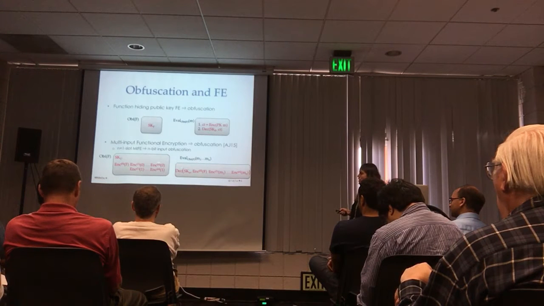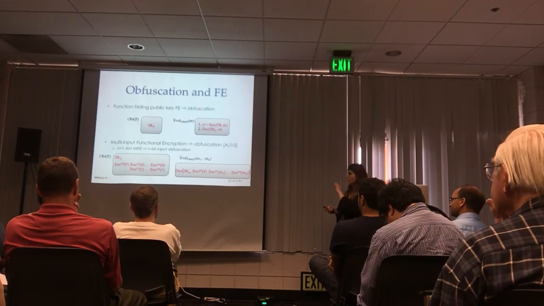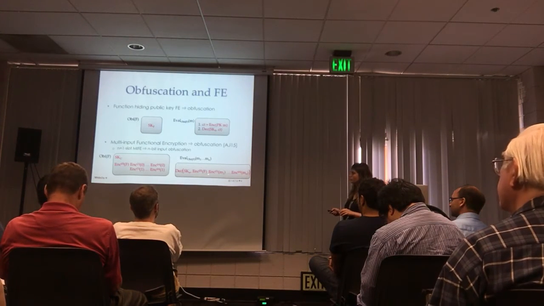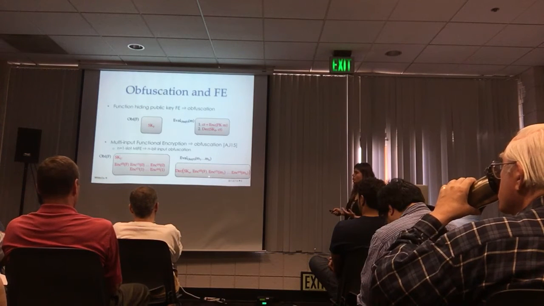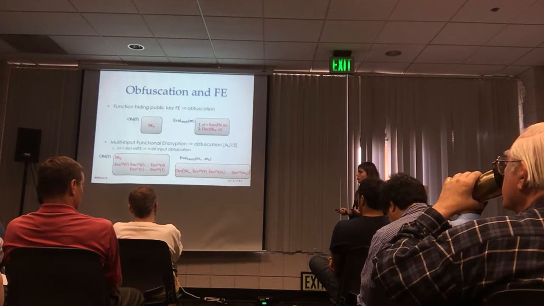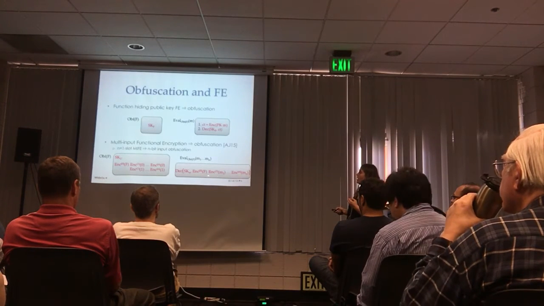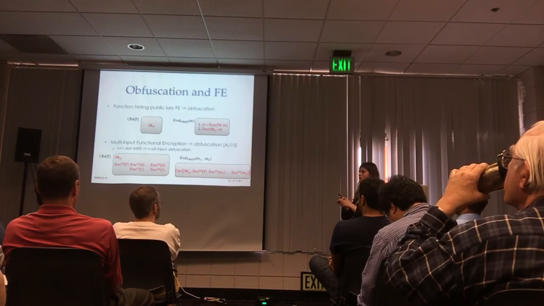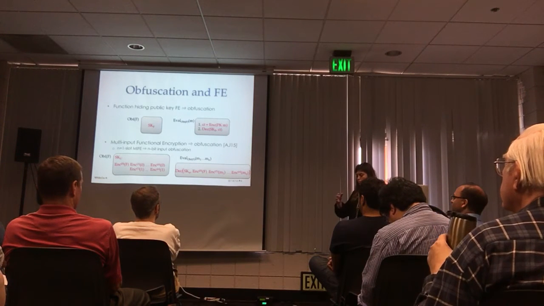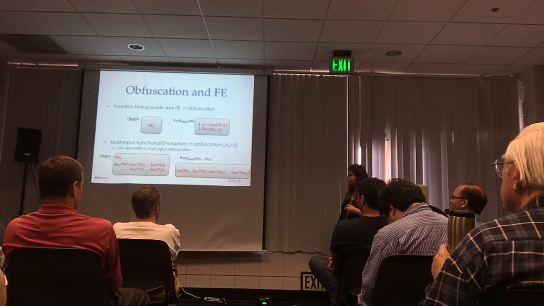So we just select from these pairs the corresponding input bits, and when we run the decryption on this function and these encryptions of the bits, then the result by the definition of the multi-input functional encryption will be the evaluation of f on all of these input bits. So this is another beautiful result that shows us how to actually get obfuscation from multi-input functional encryption.